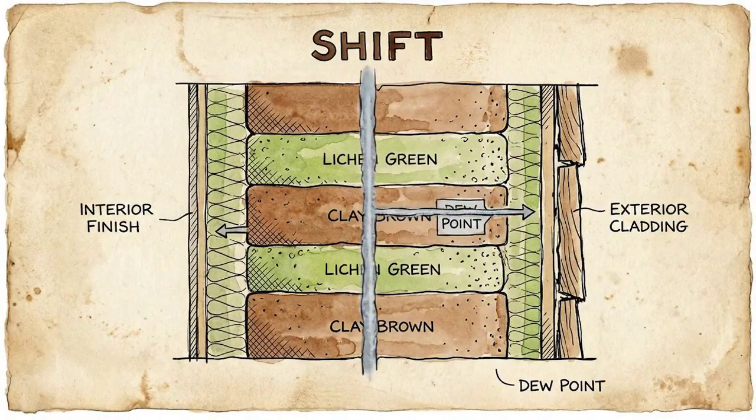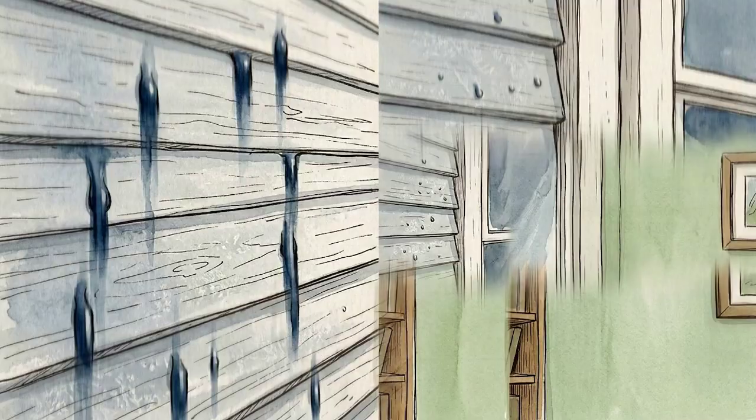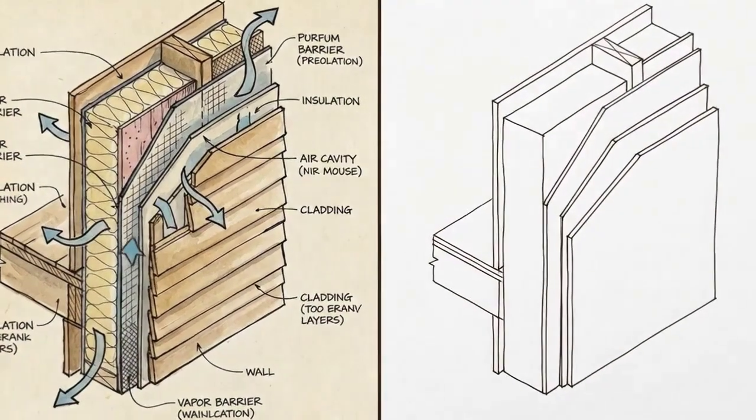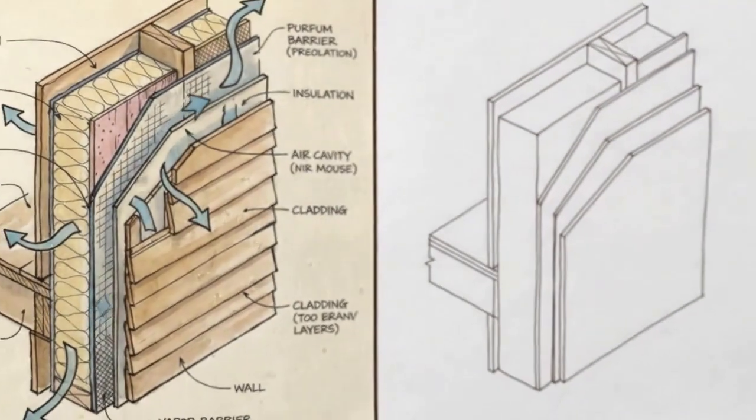Change the ratio by shifting the insulation, and the dew point plane moves. Move it far enough toward the exterior, and no interior surface ever reaches condensation. That research was published. It was available. It was not on the installation crew's instruction sheet.